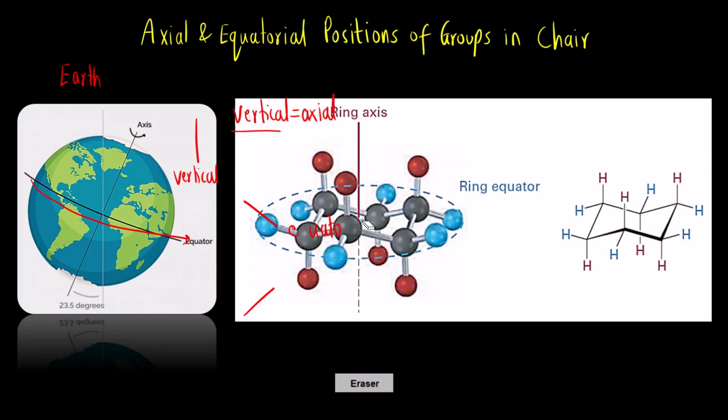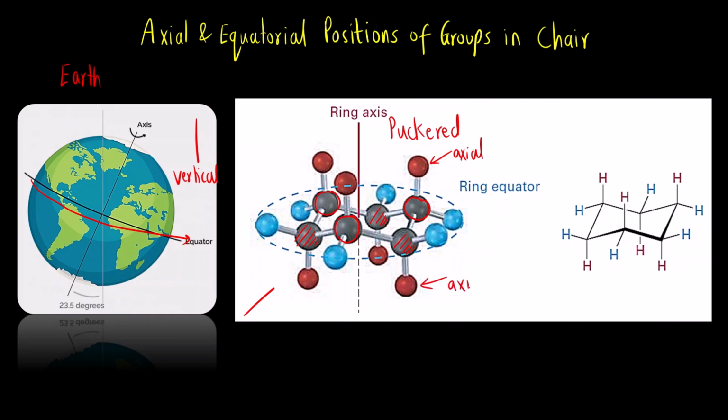Okay, so here you can see in this structure, if I want to identify the axial and equatorial positions, you can see these three carbons are slightly above as compared to these three other carbons which are slightly lower in position. That is why this structure is called a puckered structure, or not completely planar. These red hydrogens are the axial positions. Out of the total 12 hydrogens, 6 are axial.